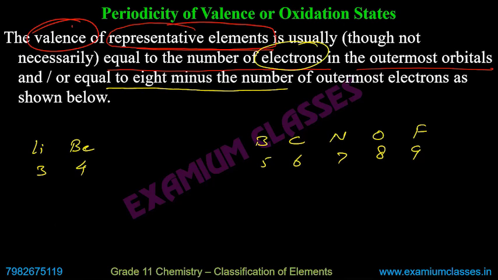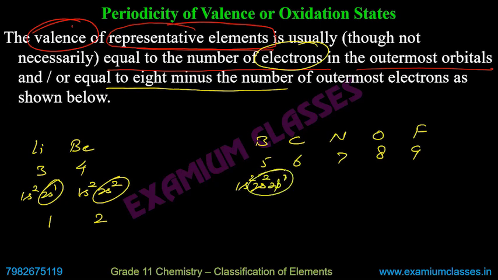But otherwise, this is the method: 1s2, 2s1; 1s2, 2s2; 1s2, 2s2, 2p1. So in the second shell here you have 3. Similarly, here you have 4, 5, 6, 7 electrons.